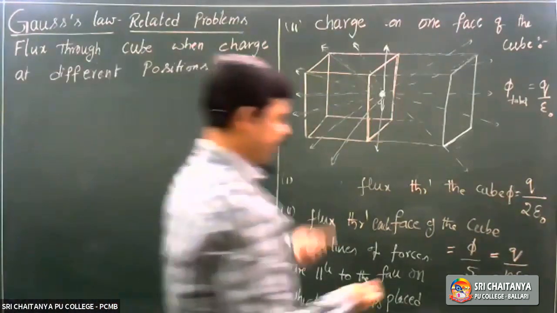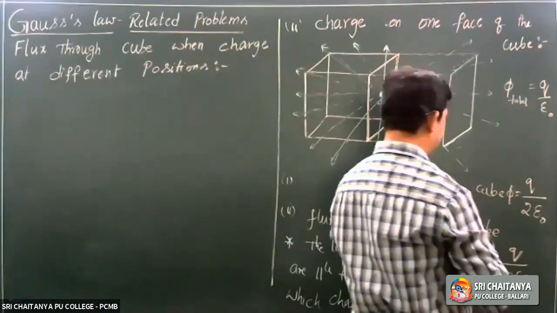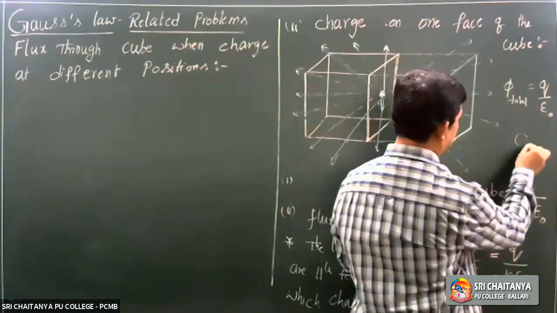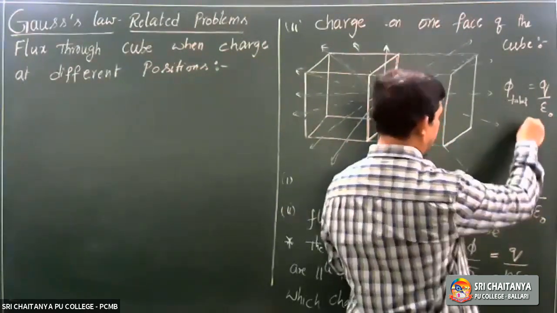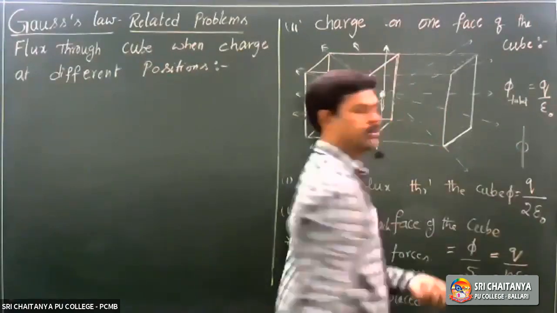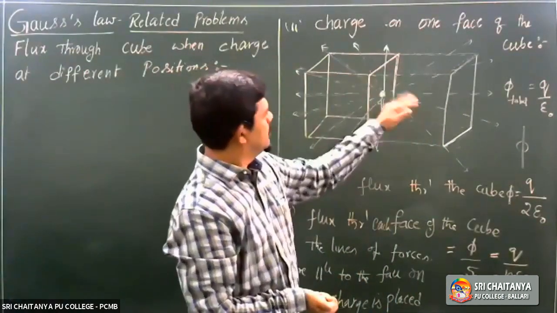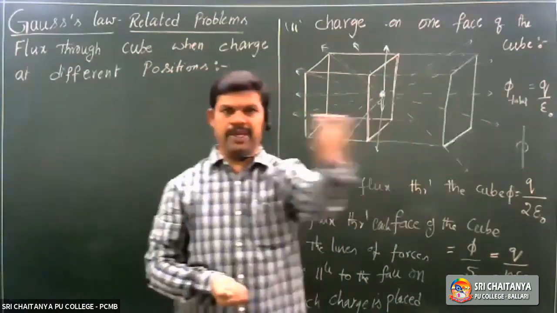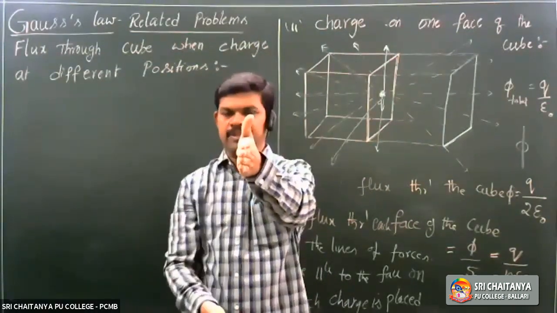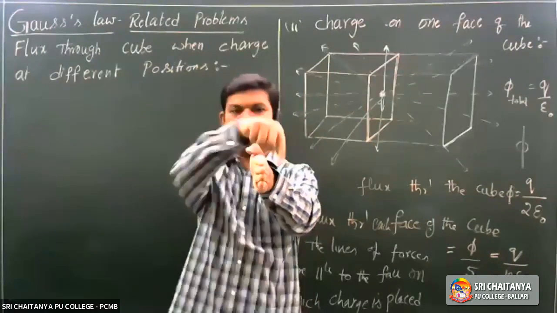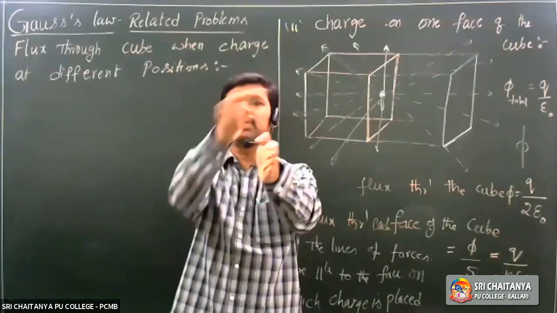Easy to remember: whenever a charge is placed on a face, it is divided into 2. A face of any room, if you think this is the face, it is a part of 2 rooms, means 2 cubes.